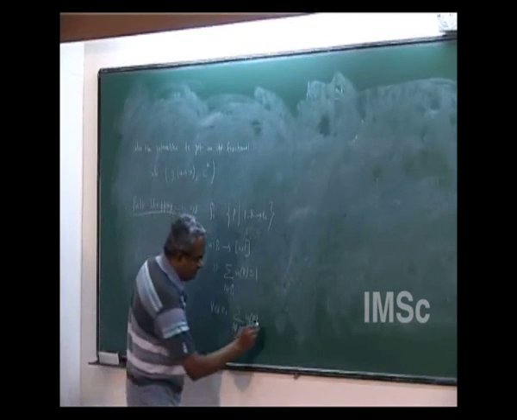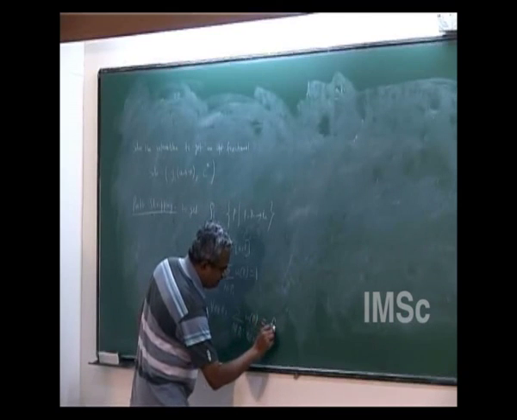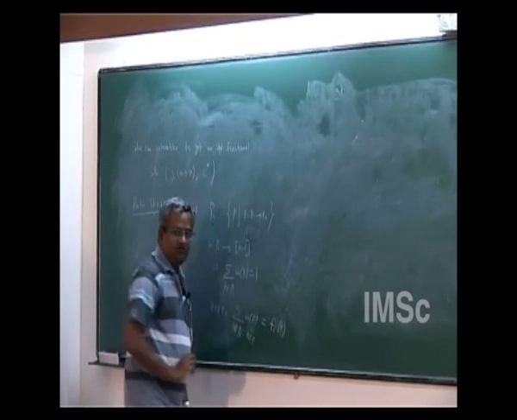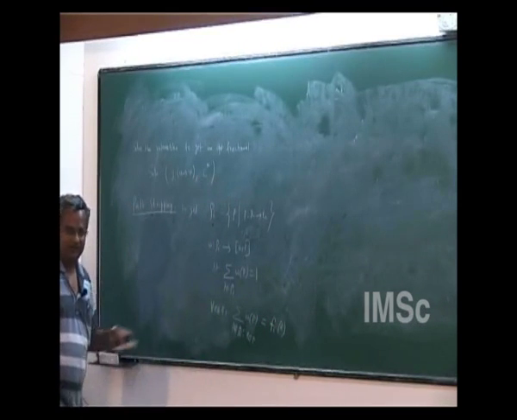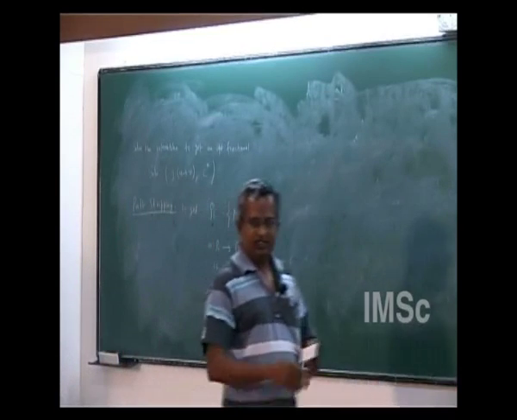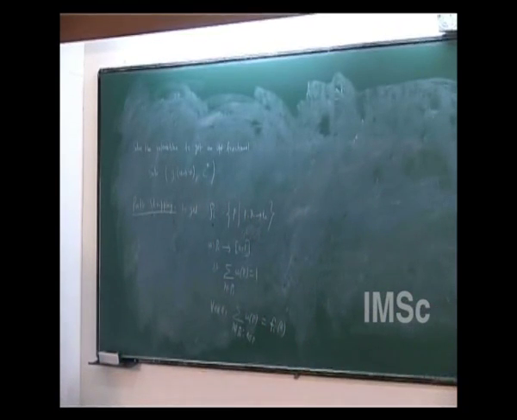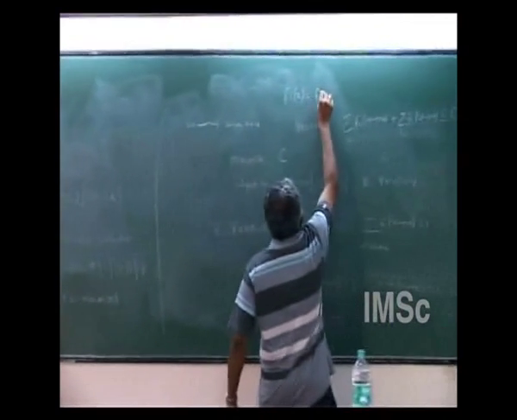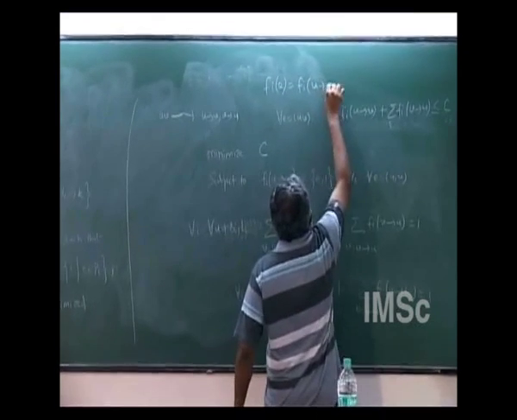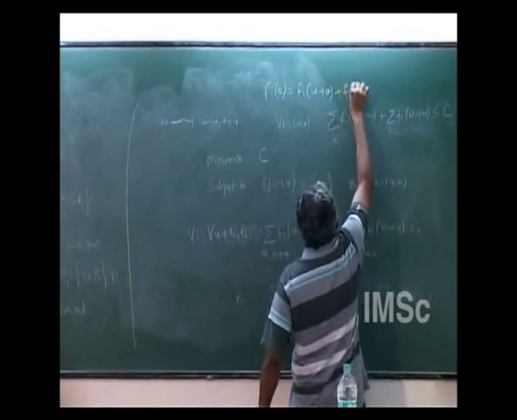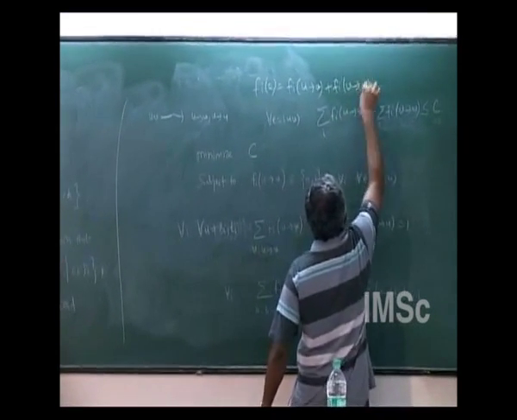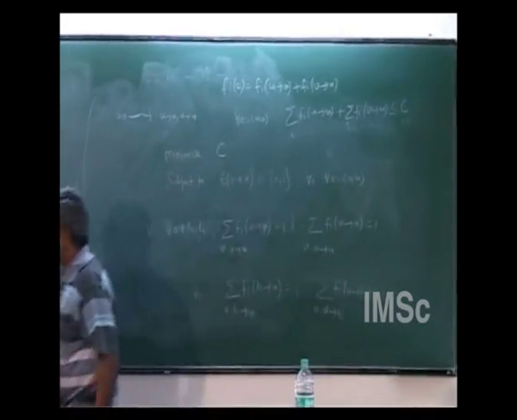This weight would be exactly equal to Fi of E. What is Fi of E? I have not defined. Fi of E would be basically the congestion, total congestion in both directions. So we can define it as Fi of E, the undirected edge, would be Fi of UV plus Fi of VU. This is what you get.